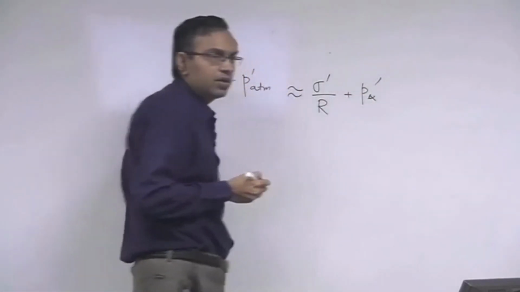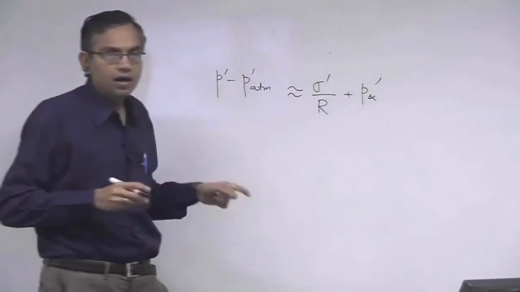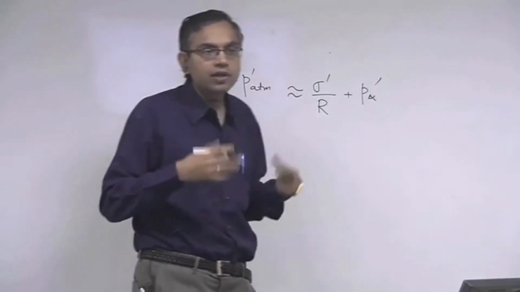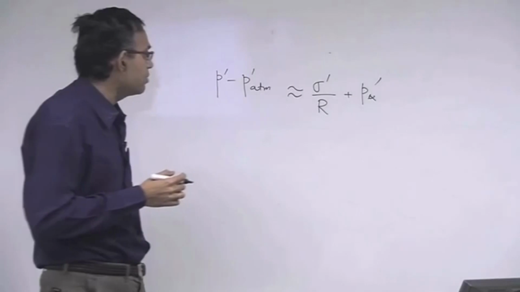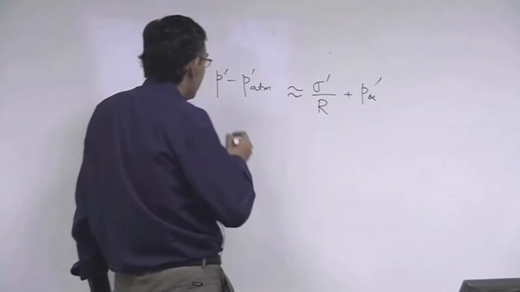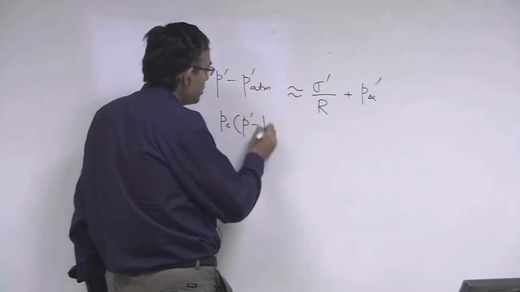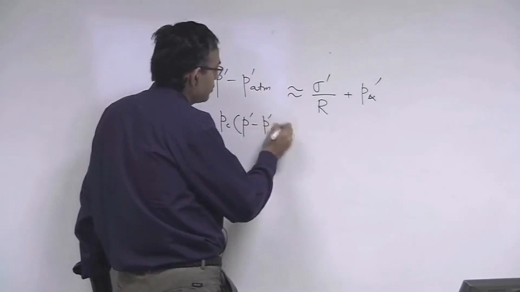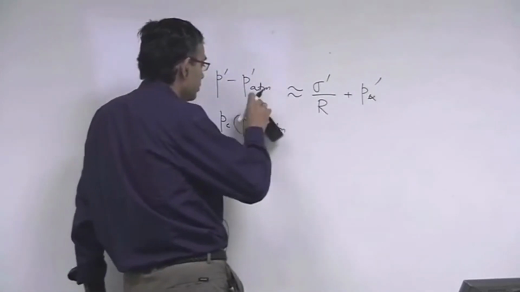We will discuss this excess pressure extra term, which we attributed mainly to van der Waals forces of interaction when the film thickness becomes very small. So this is P_c into P dash minus P dash atmosphere, sorry, P minus P atmosphere.